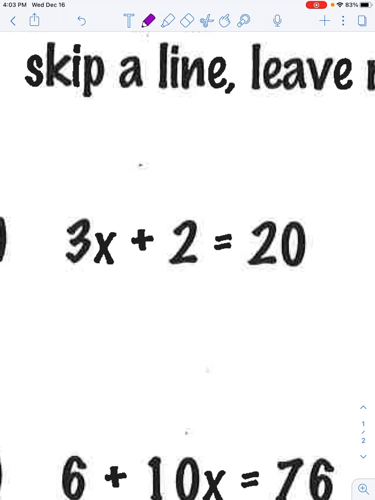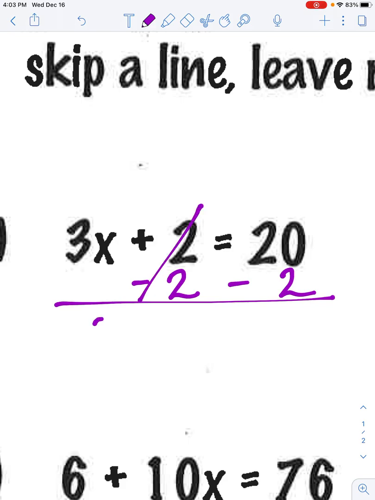So number 1 says 3x plus 2 equals 20, or 3 times something plus 2 is 20. So again, our rule is to undo addition and subtraction first. So I want to get rid of this plus 2. I want to get it to the other side. So I'm going to subtract 2 from both sides. Draw a line. Show your cancellation. 2 minus 2 is 0.